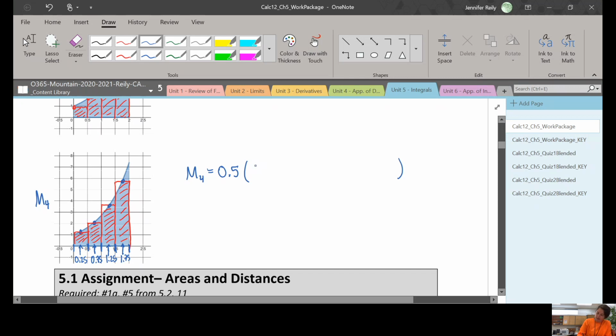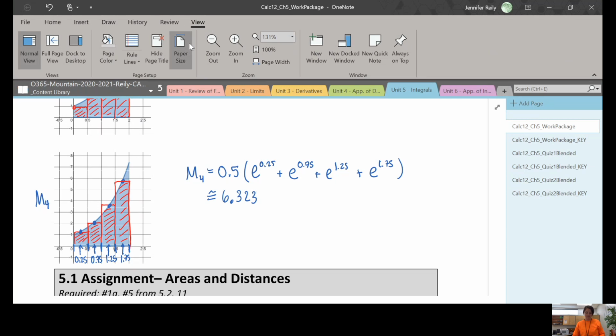Okay, so e to the 0.25 plus e to the 0.75 plus e to the 1.25 plus e to the 1.75. So you type that all in your calculator, and you get something like 6.323. So that's a much more accurate estimate there.